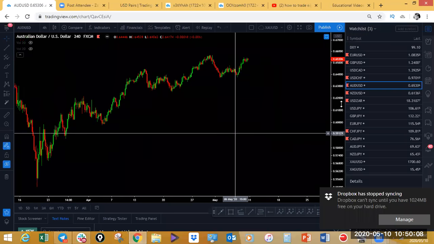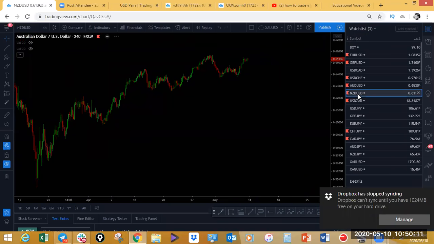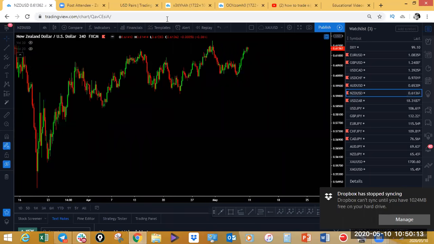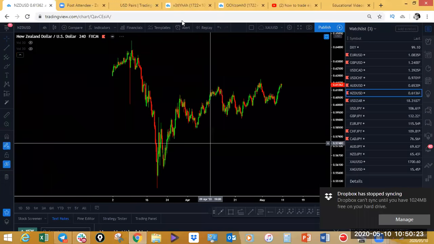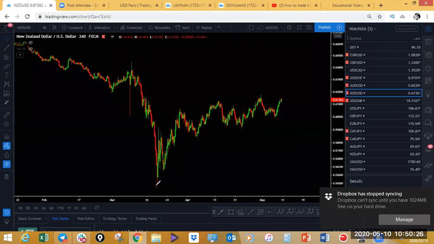Okay, so that is Aussie US dollar. New Zealand is the same. We also expected it to continue from this, just three waves here, a pulse move and a correction. But the structure that is actually playing out is this: we've got three waves up, and what we're seeing is that this was making three waves down, three waves up, and three waves down.